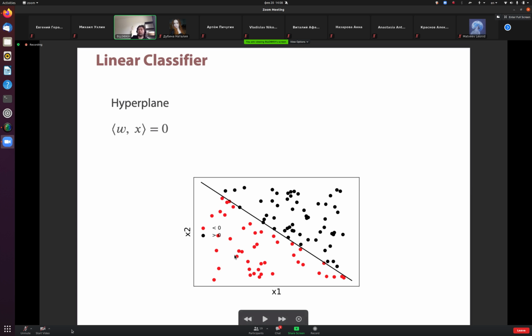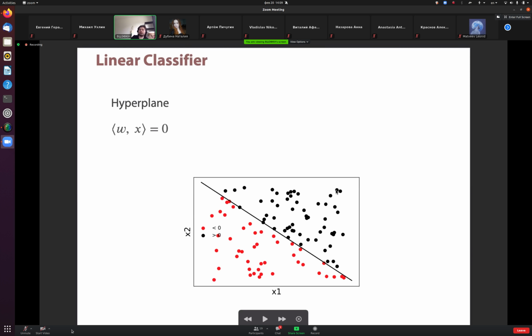But let's use some geometrical intuition here, and think about what we expect. If some points are close to this line, we're already not very sure what class they are. This point is lying on the border, and this one too. Strictly speaking, this is still positive and this is still negative, but we're not very sure.